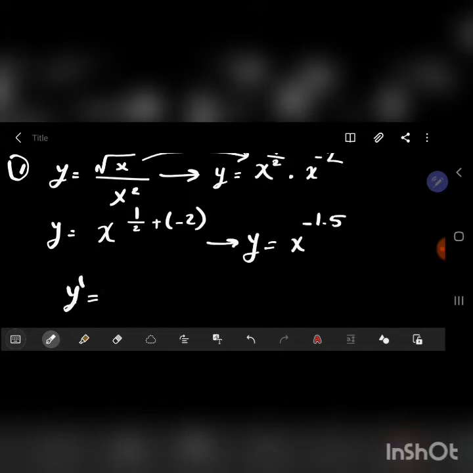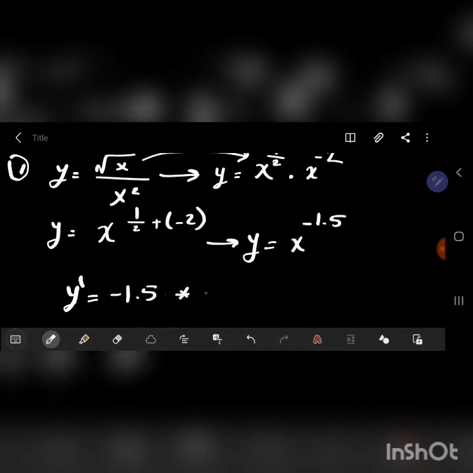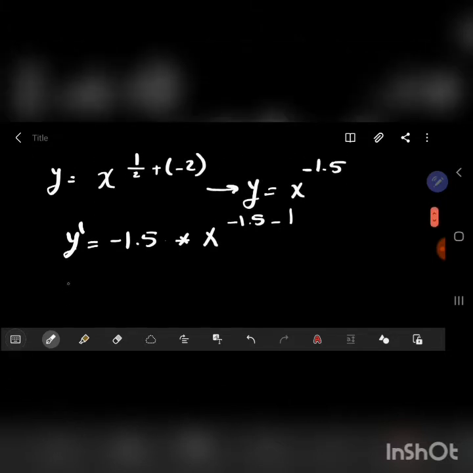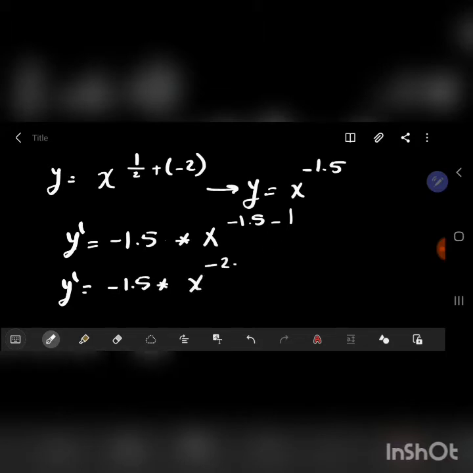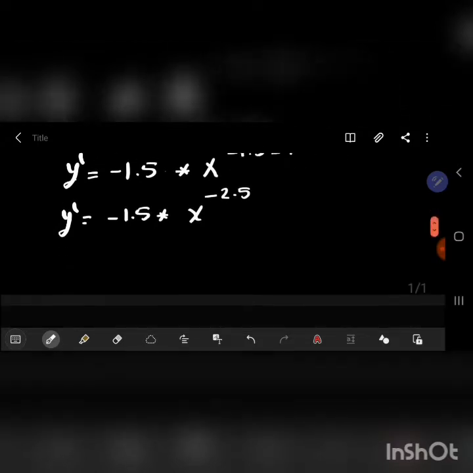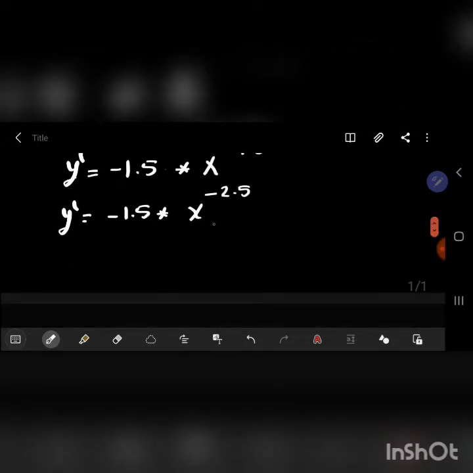Y prime equals minus 1.5 multiplied by x to the power minus 1.5 minus 1. Okay, power minus 1, always power minus 1. Y prime will be minus 1.5 multiplied by x to the power minus 2.5. If I want to get rid of the negative power, I will say y prime equals minus 1.5 over x to the power 2.5.